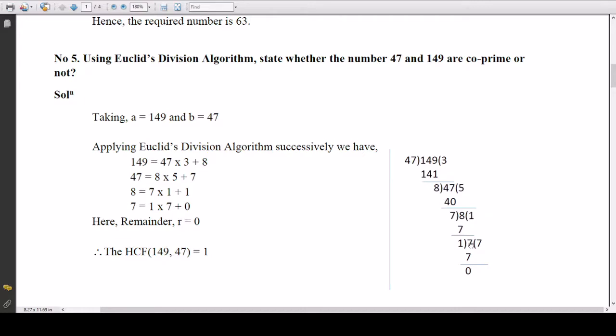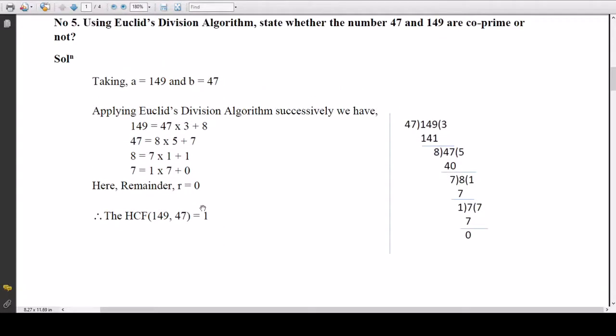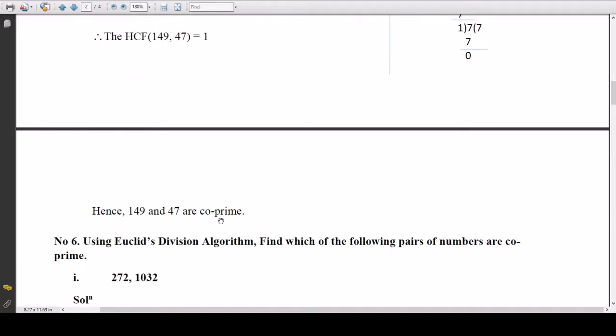Again, the last step, 7 is 1 multiply 7 plus 0. Clear? This is how we have been able to say that these two numbers are co-prime, and hence we'll proceed ahead with problem number 6.